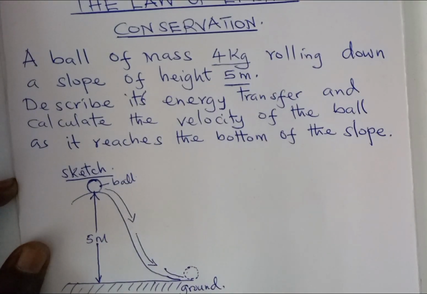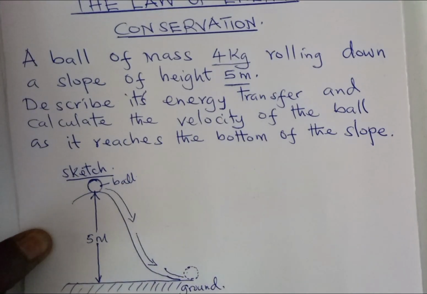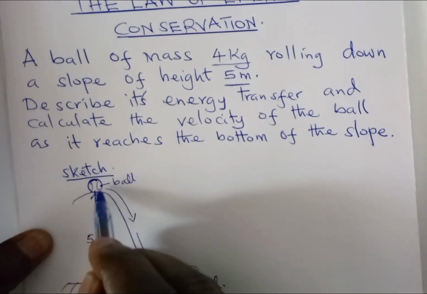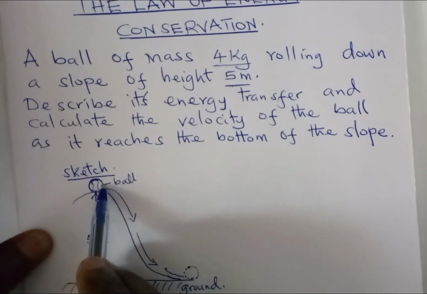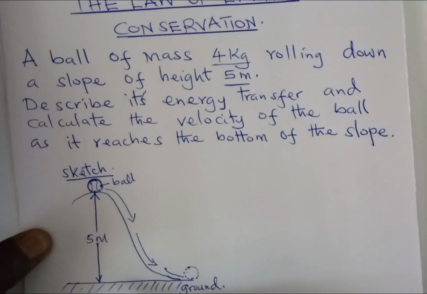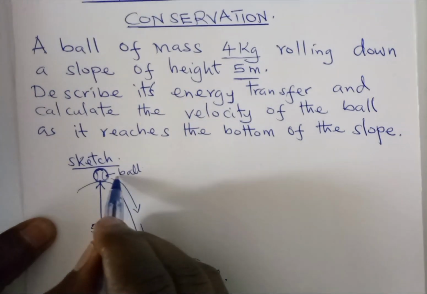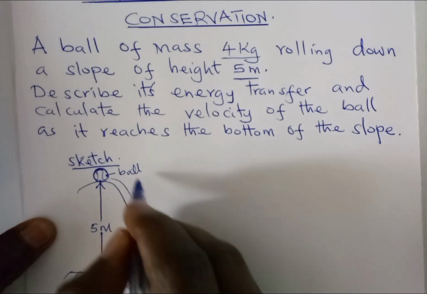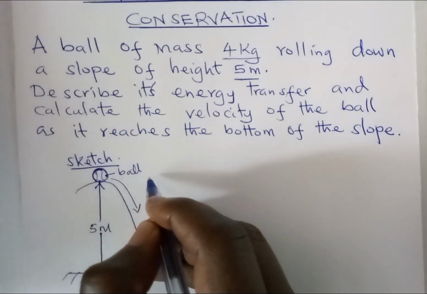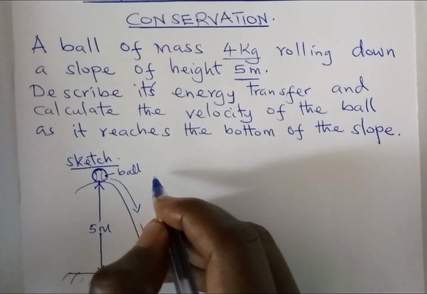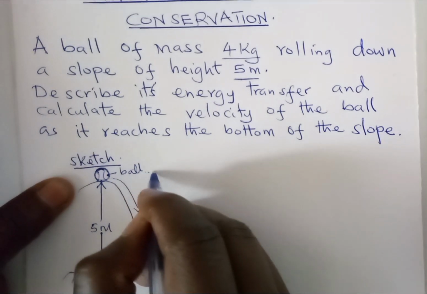Now, at the top here, the ball possesses gravitational potential energy. So here, the GPE, or the potential energy, is high at this point.